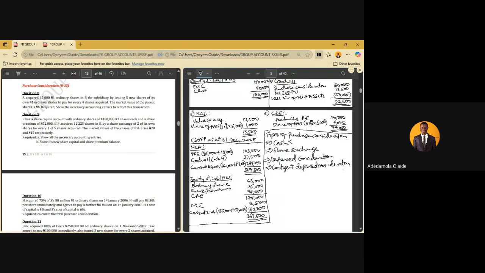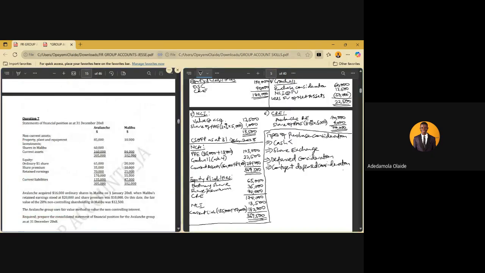Where the examiner did not tell you, like in some of the illustrations we did on goodwill, such as this Avalanche question, we came into the statement of financial position to check under the assets of the parent company, and we saw that they have investment in the subsidiary worth 60,000.